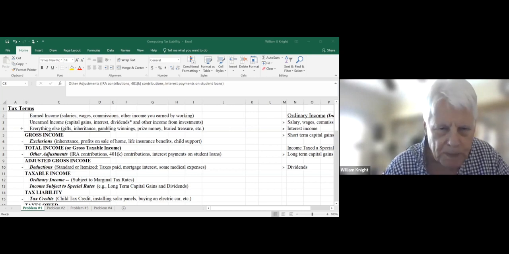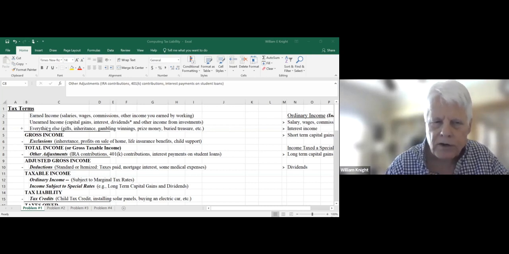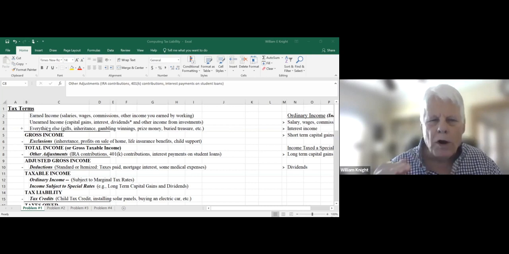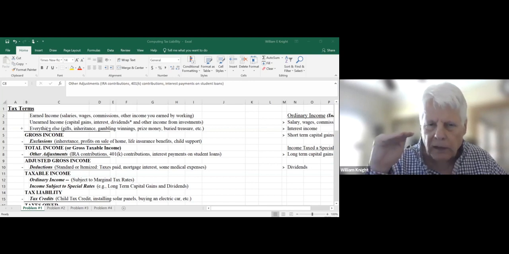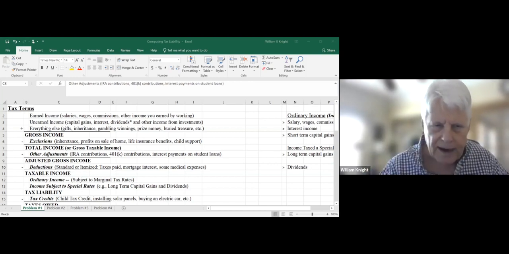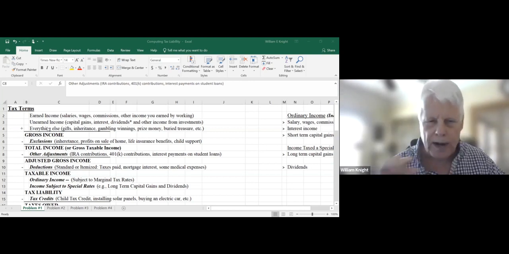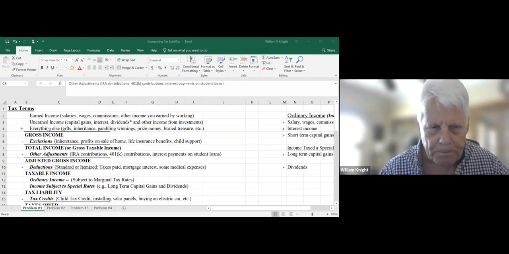Some medical expenses are tax deductible. Charitable contributions are tax deductible. So once you list all of those expenses that count as tax deductions, once you itemize them, you can add them up and see what they are.